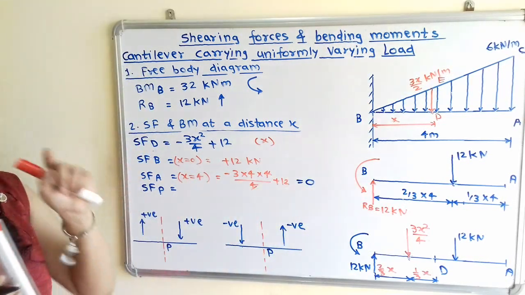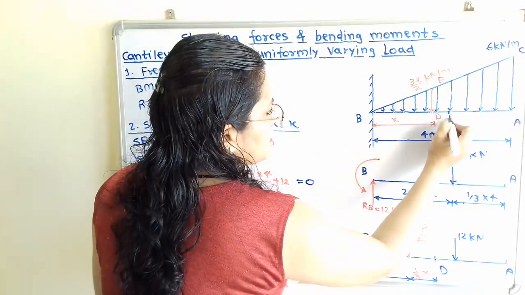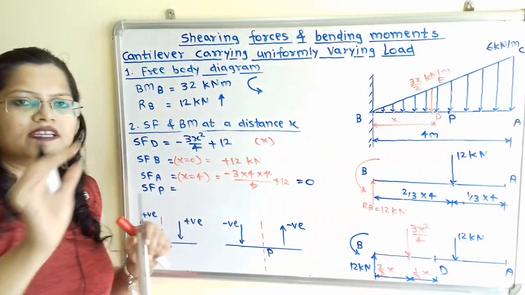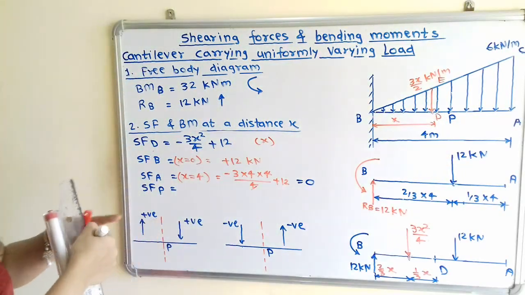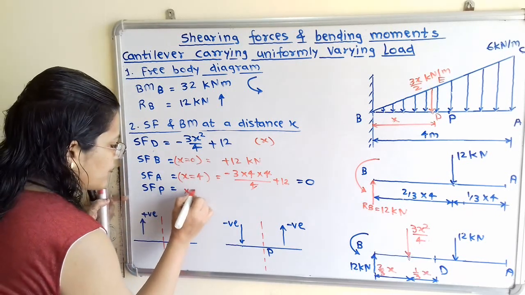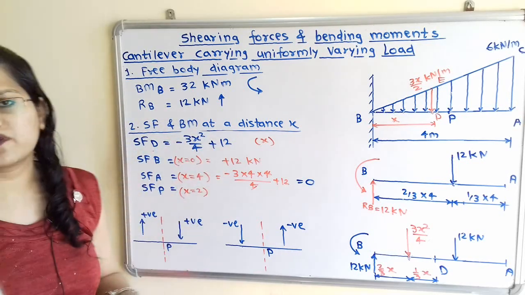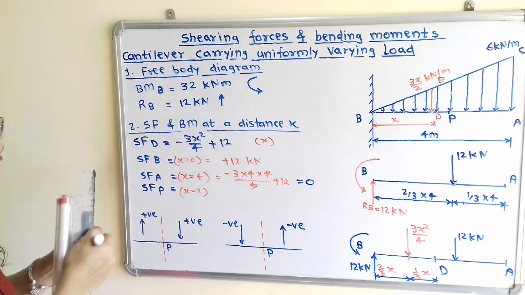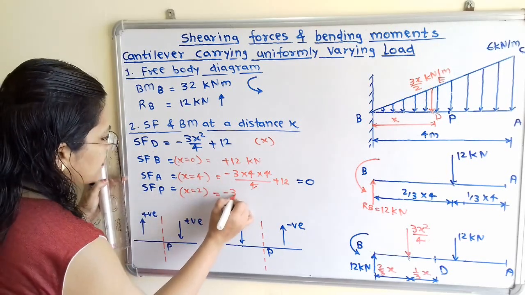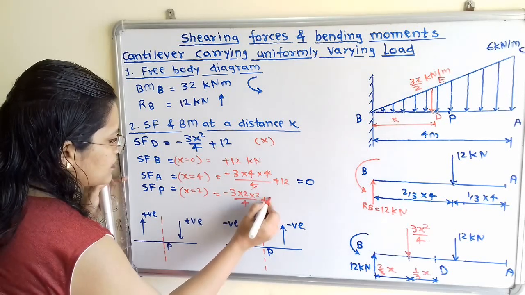Now we will consider any middle point in between AB. So if I consider the point P as a middle point, then the distance from the point B is equal to 2. So we will find out shear force at x is equal to 2. So this is for more accuracy when drawing the shear force diagram. So I will put minus 3 multiplied by 2 multiplied by 2 divided by 4 plus 12.